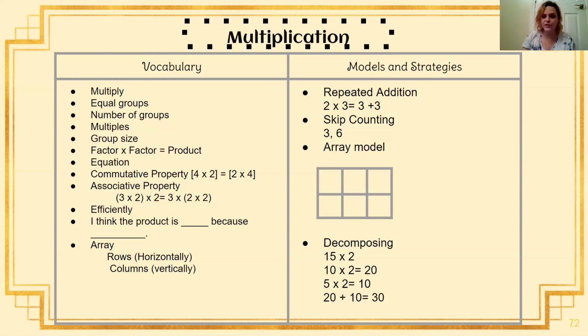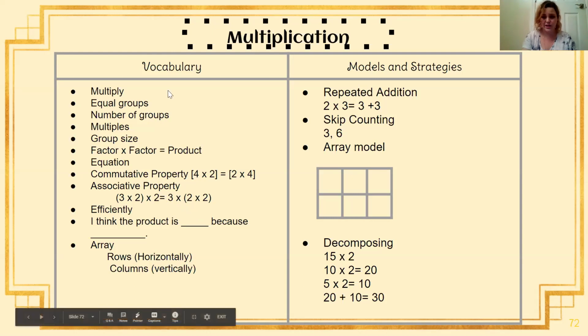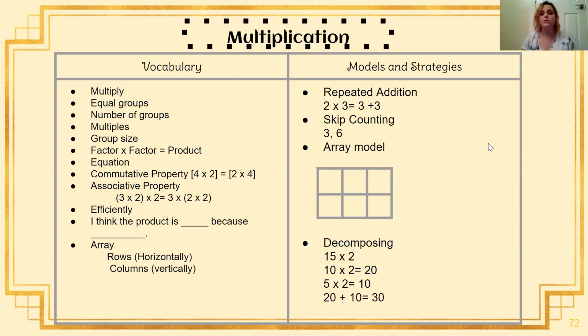And then the word efficiently, we always talk about. And a sentence that I would like you guys to really use a lot is, I think the product is... because we have the word array, right? We have rows, horizontal, and then we have columns, which are vertical. And some of the models and strategies that we always use, or started using more at the beginning of the year: repeated addition, skip counting, an array model.